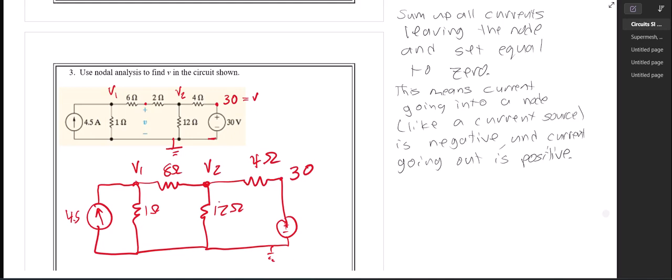So I'm adding up all the currents coming out of a node. That means if I have a current source that's going into a node, then I make that one negative.